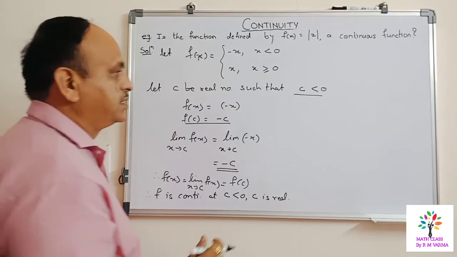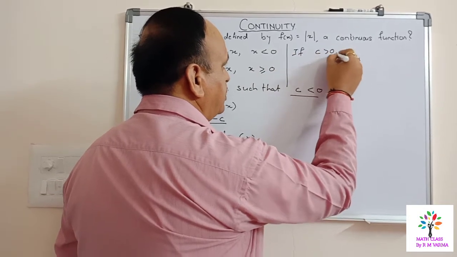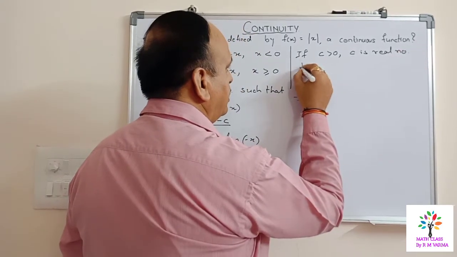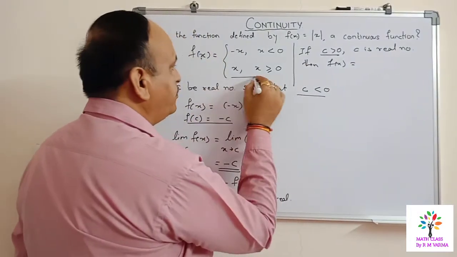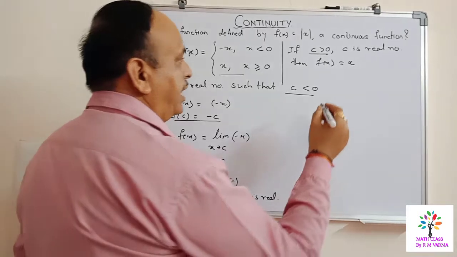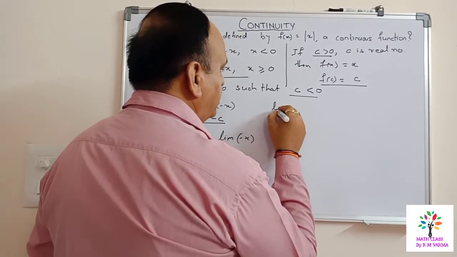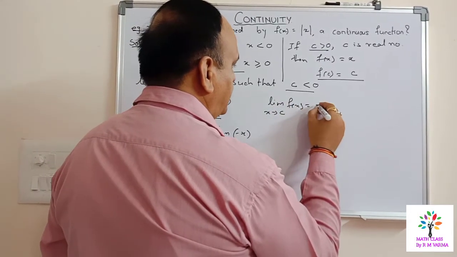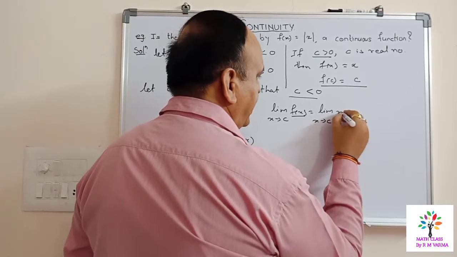Now for real number c less than 0 we have done. Now for c greater than 0, let us check. If c is greater than 0 and c is real, then when x is greater than 0, f(x) will be x. Taking the value at c, f(c) is c. Now I find out the limit. Limit x tends to c of f(x) equals limit x tends to c of x.